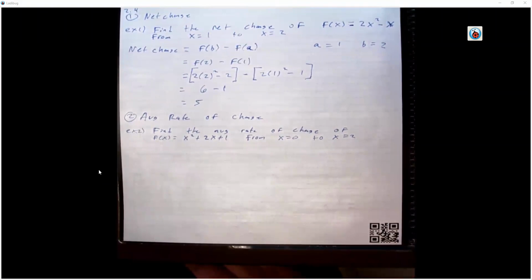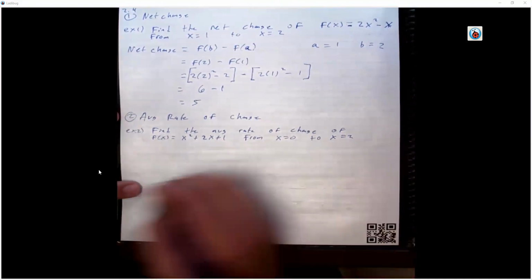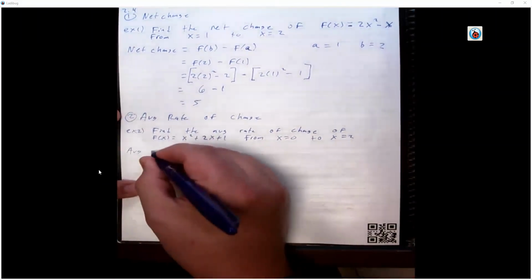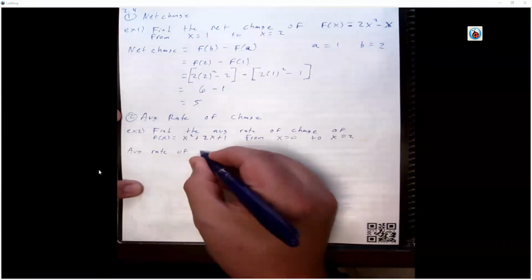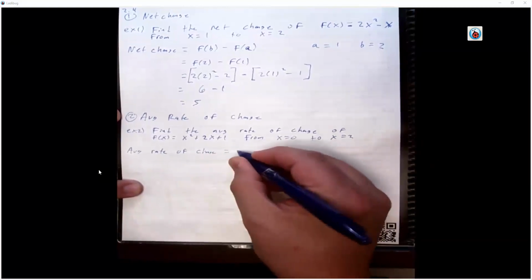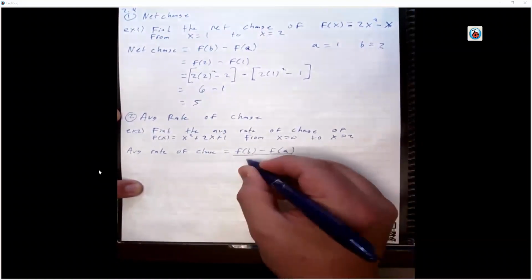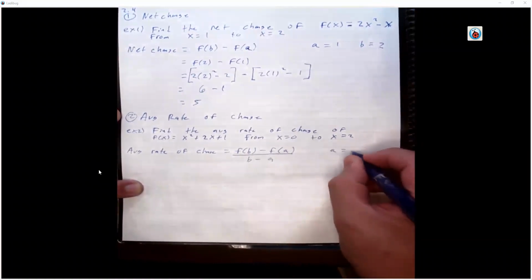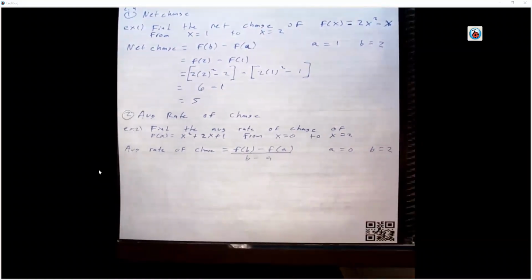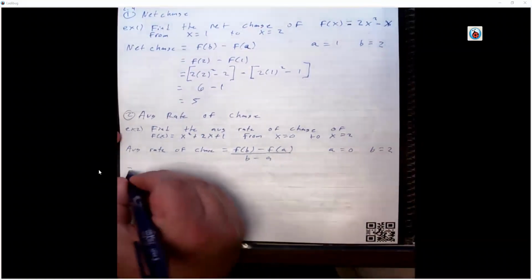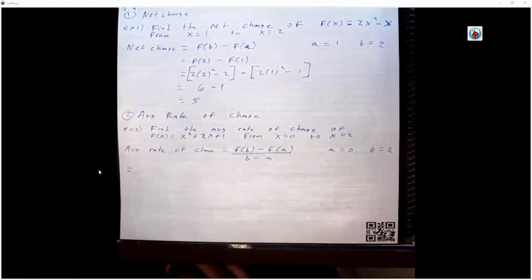All right. So let's label everything, but first write down the formula. Average rate of change is equal to f of b minus f of a over b minus a. So identify the a, identify the b, and then just plug them in. I'm going to do it over here, there's not enough space.